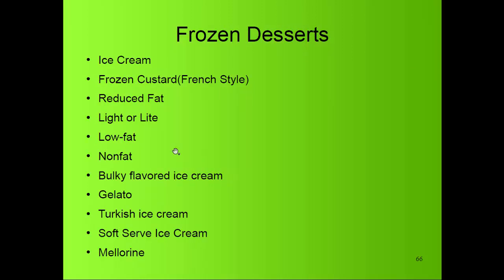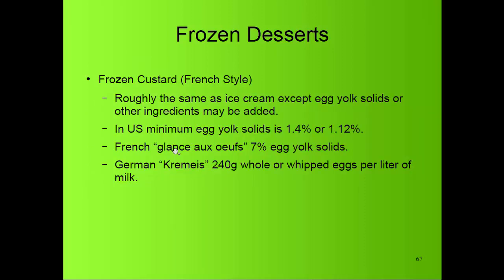All right, so let's look at these different types of frozen desserts. There's ice cream, custard, reduced fat, light, low fat, non fat, bulky flavored ice cream, gelato, Turkish ice cream, soft serve ice cream, and Mellorine. So frozen custard is roughly the same as ice cream, except egg yolks are added.